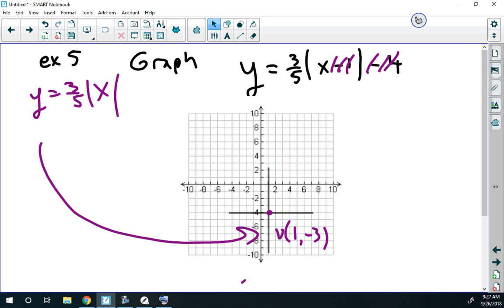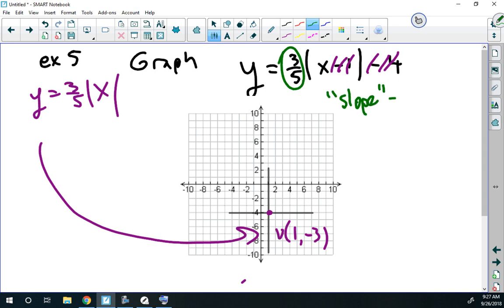But so we're graphing a relative of a line. In lines, you only need 2 points to make a line, right? Or a ray. So the only other thing that I need to look at that's going to help me figure this out is this 3/5. That 3/5 is my air quote slope. That's 3 over 5. That's rise 3, run 5. Not rise pies. 1, 2, 3, 1, 2, 3, 4, 5.